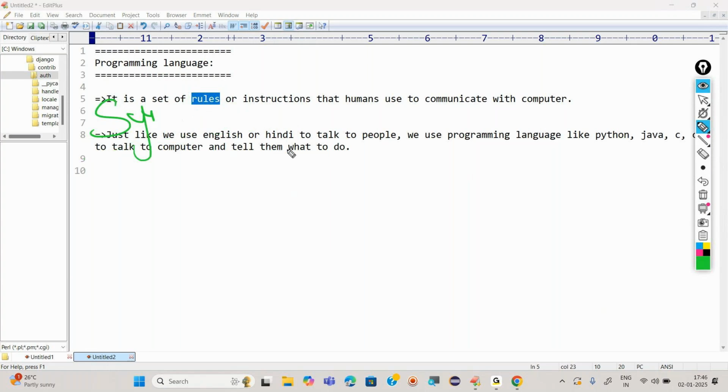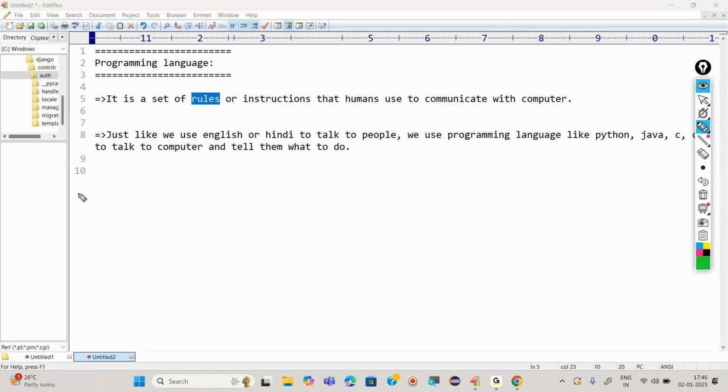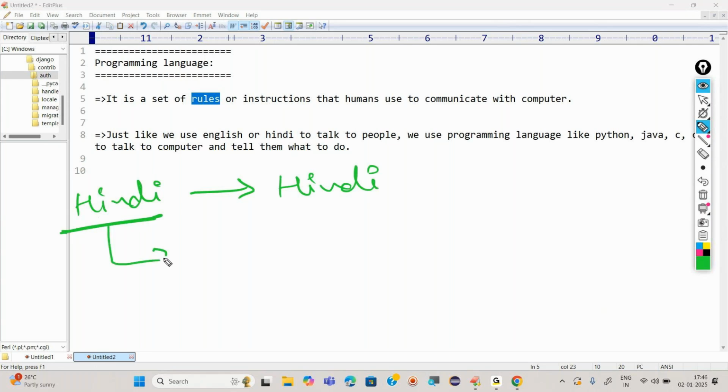Why do we call it syntax here? Because whenever we are talking in Hindi, if you don't know Hindi, you can't understand whatever I'm saying. Hindi to Hindi is possible, right? Hindi to a Telugu person is not possible, because the person may not know Hindi.